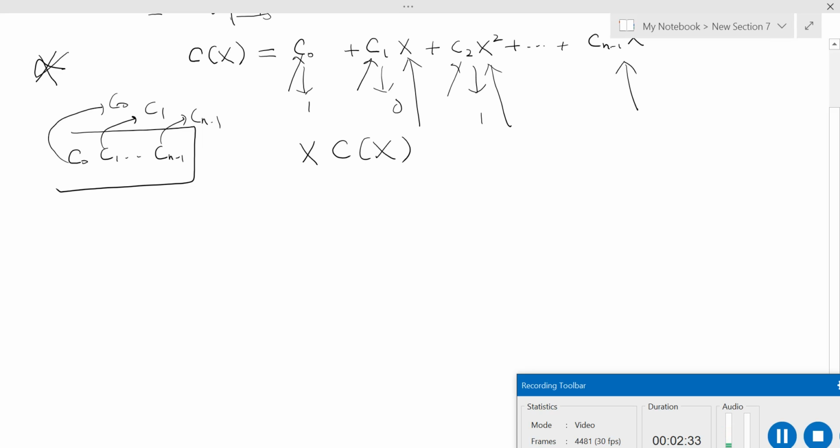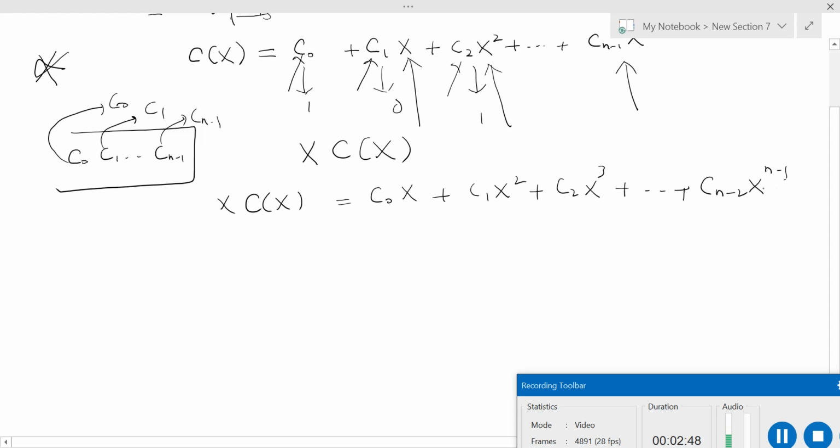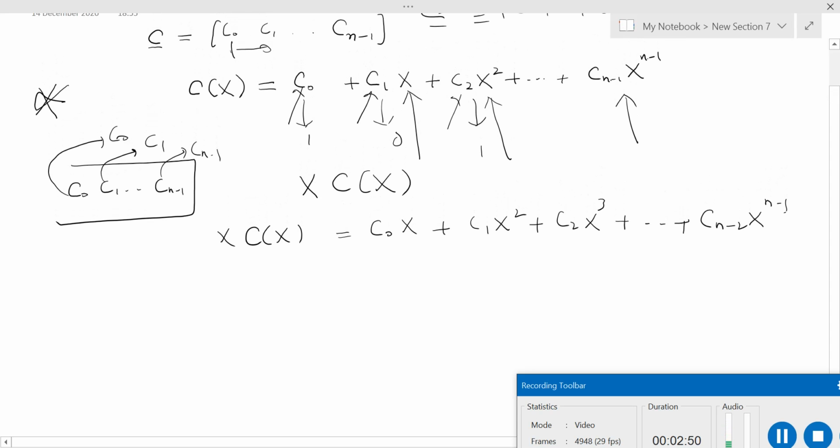So you get x c of x as c0 x plus c1 x square plus c2 x cube plus up to cn minus 1 x to the power n.